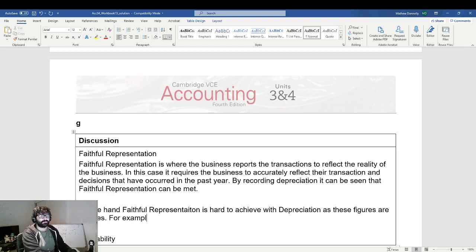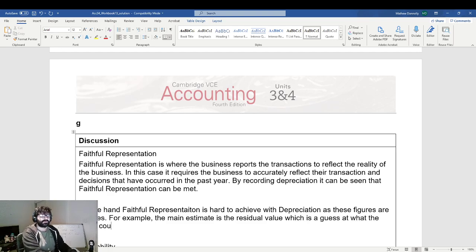For example, the main estimate is the residual value, which is a guess at what the asset could sell for.